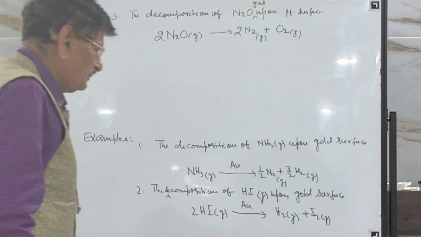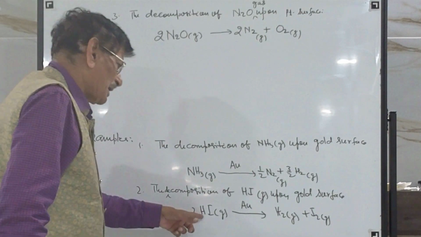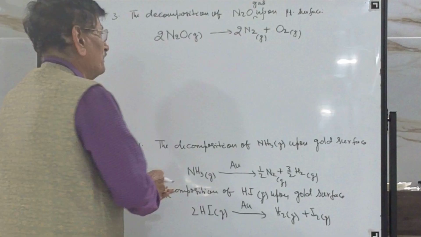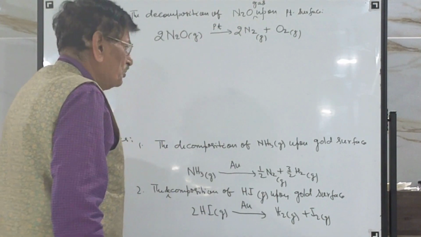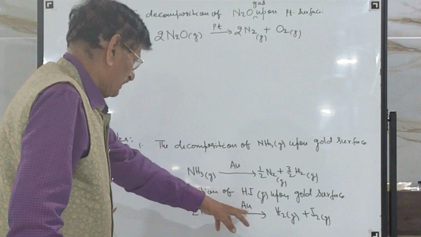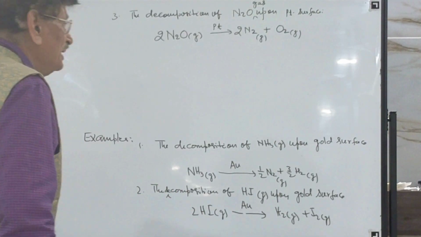Now it should be noted that the decomposition of HI upon gold and the decomposition of N2O upon platinum are both zero order in the presence of a metal surface.